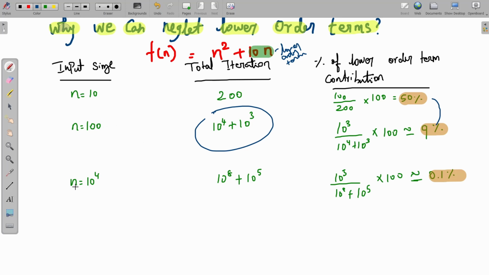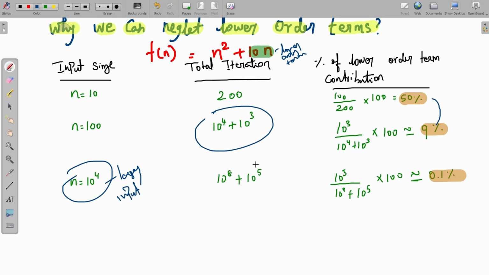Okay, let's take my n is 10 power 4. If my n is 10 power 4, it's a larger input. These 10 and 100 are very lower inputs, and this big O notation is only for larger inputs, right? So let's take this as my larger input. If I have a larger input, what is the total iteration? 10 power 8 plus 10 power 5.